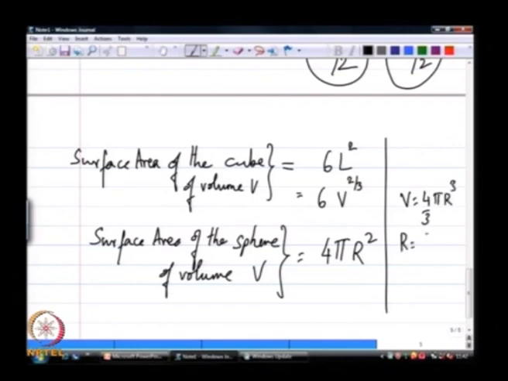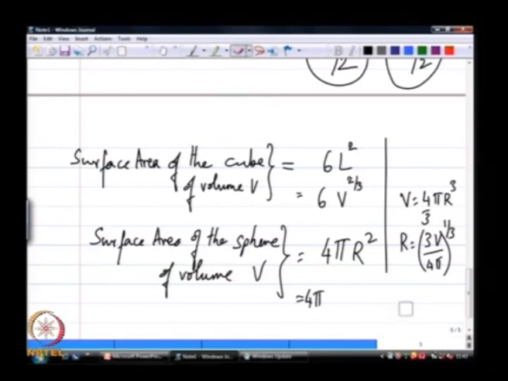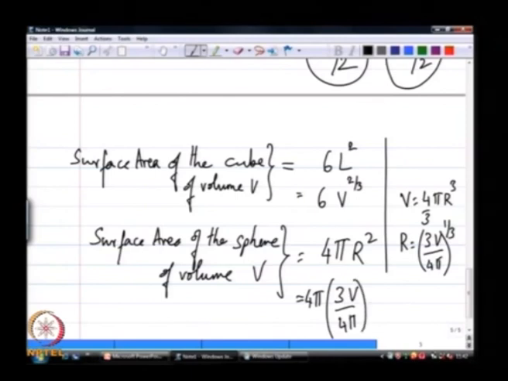So, r is 3 V over 4 pi raised to the power 1/3. So, this is 4 pi times 3 V over 4 pi raised to the power 2/3.